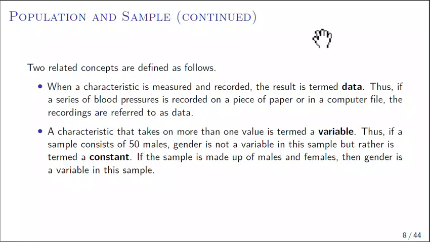So I put these two terms here because I wanted to say that a variable is a characteristic we are interested in, a measurement on the subject. And the outcome of this measurement could be a value of constant.